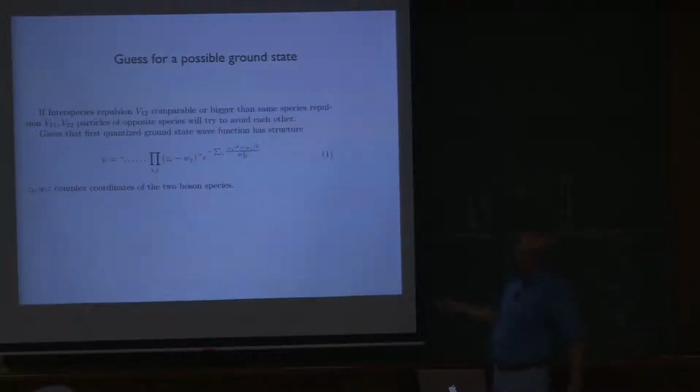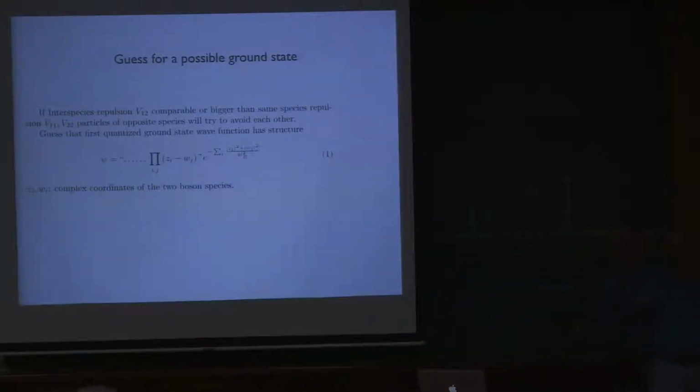And then there are the usual Gaussian factors associated with the lowest Landau level. Okay? So this is a guess. At this stage, we don't know if the guess is right. But we would imagine that such a phase, where the avoidance of the two particles from each other is incorporated through such a factor in the wave function, probably exists somewhere in the phase diagram.